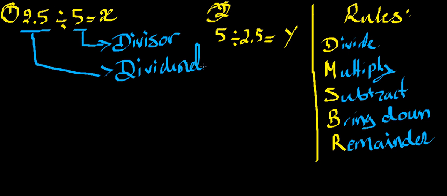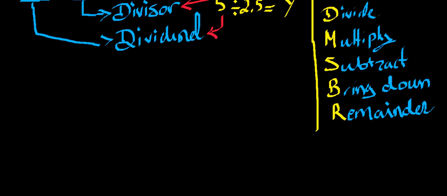And the same thing goes for the second one. However, in the second one, 5 is our dividend, and 2.5 is our divisor. Okay. So let's work on number 1 first, and then we move on to the other one.